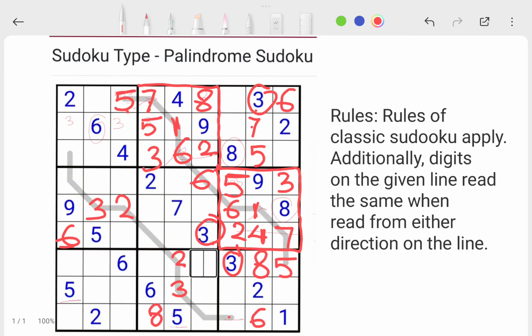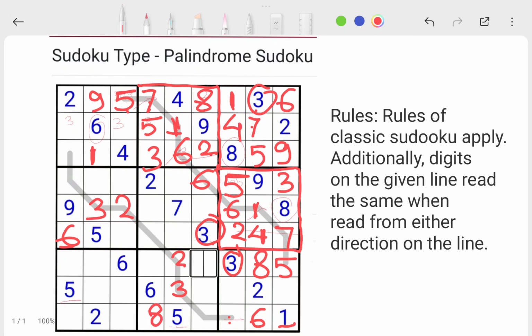Okay, with the classic rules, because of these ones, 1 must come here. Now 1, we cannot write 1 in this cell because of the palindrome. So this is 1. And in the first row only one number is left, that is 9. So this must be 9. This is 9.